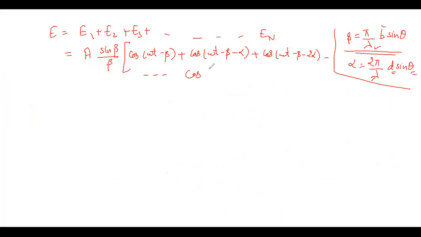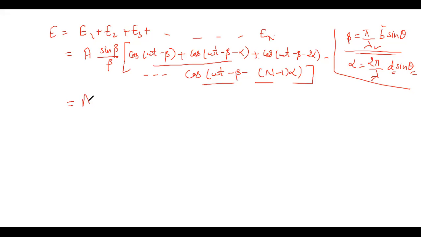The last term would be cos omega t minus beta minus n minus 1 alpha. If you remember, we had an exactly similar trigonometric series while dealing with the single slit diffraction pattern. If you do not remember, go back to the single slit diffraction pattern and check it there.